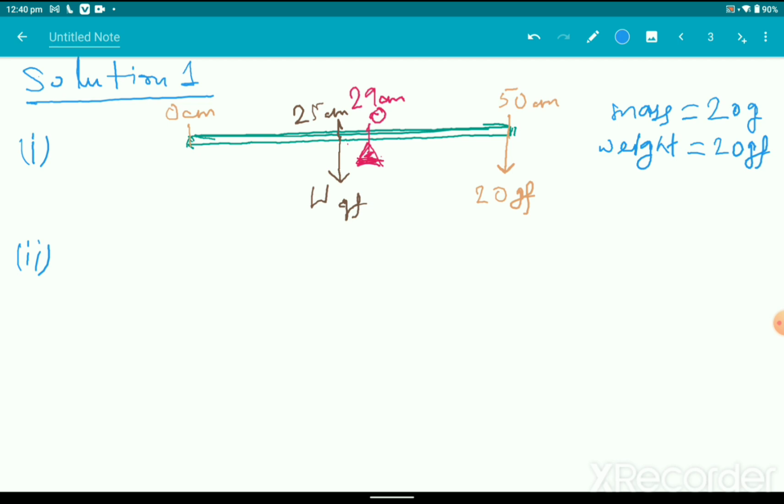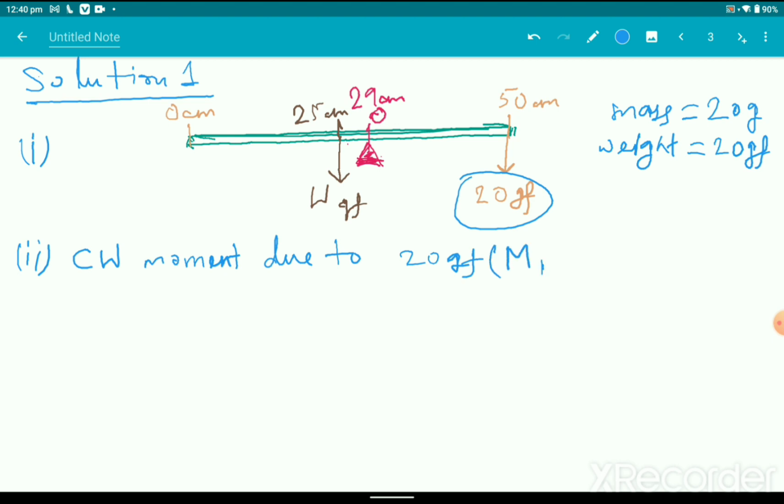So what is the clockwise moment? Can you just think of what the clockwise moment is? The clockwise moment will be created by this 20 gf force, isn't it? So I can write the clockwise moment due to 20 gf. Let us consider this as M1.